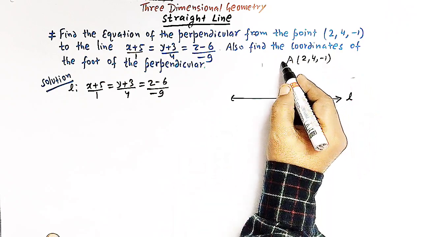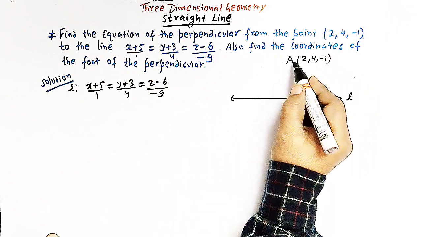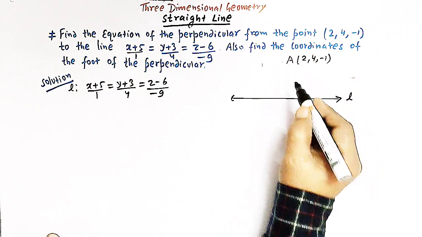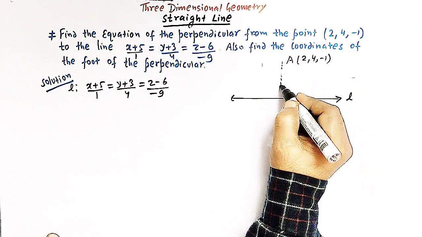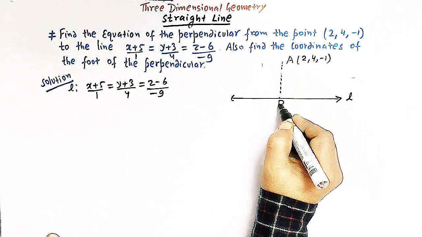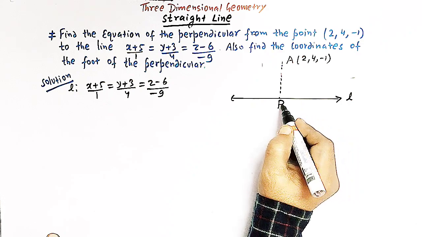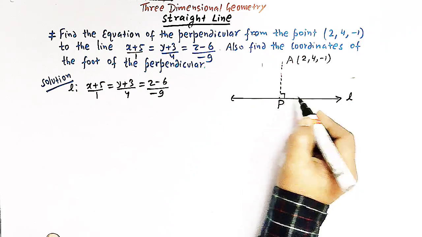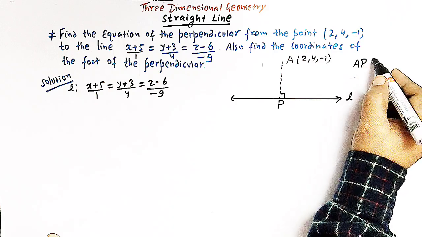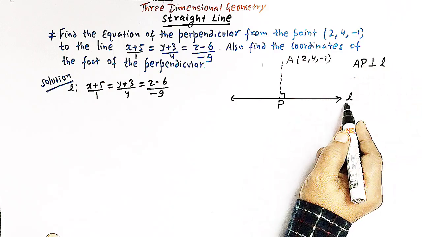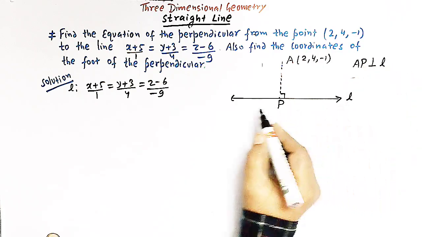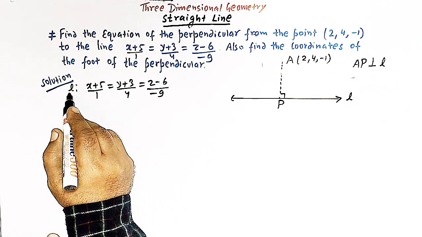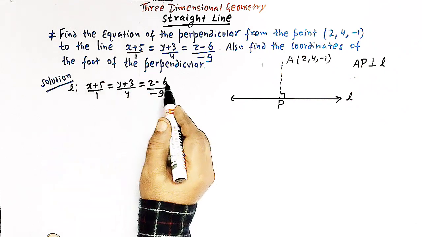And suppose we drop a perpendicular from this point A to this line L, and suppose this point P is the foot of the perpendicular, right?